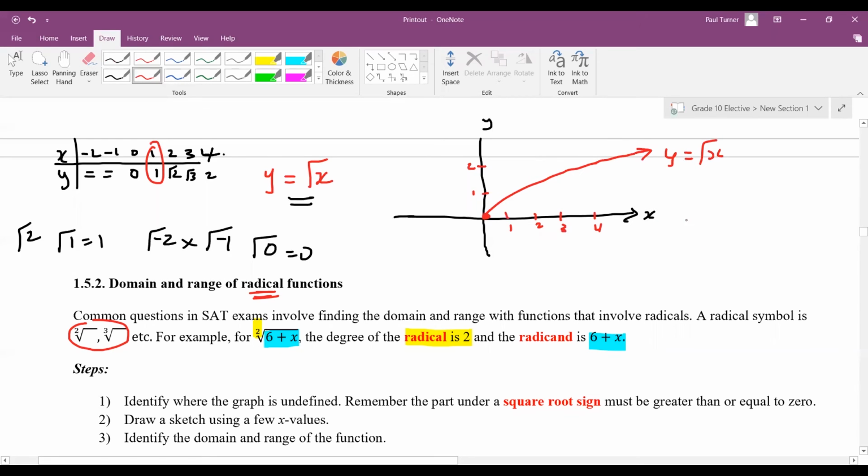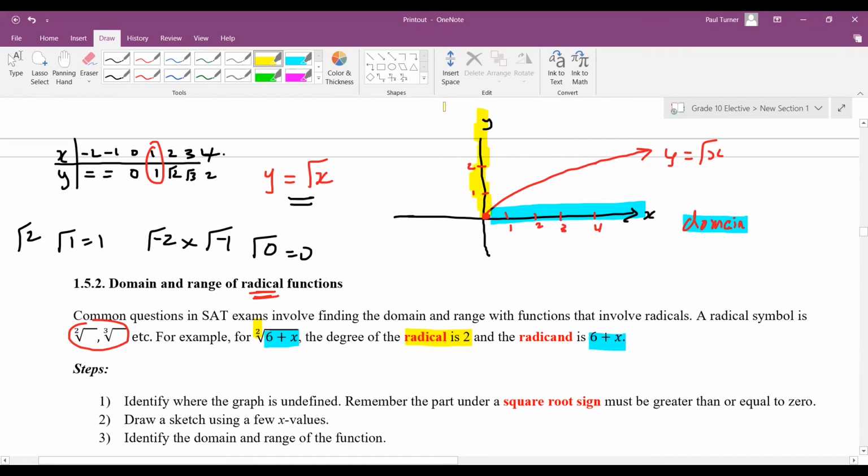So what's the domain then? Anyone? Keep it simple. Your graph is from 0 going this way, yes? So this will be your domain. Your range is going up. The graph is going up. So it's going this way, isn't it?